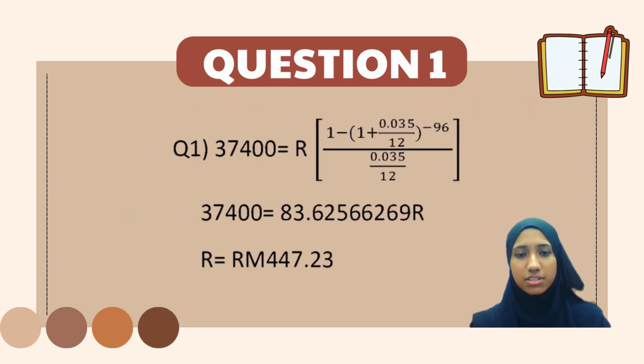For this question, we will use the present value formula, which is A equals R[(1 - (1 + i)^-n)/i]. So our A is 37,400, and for i, 0.035 interest over 12 from compounded monthly.